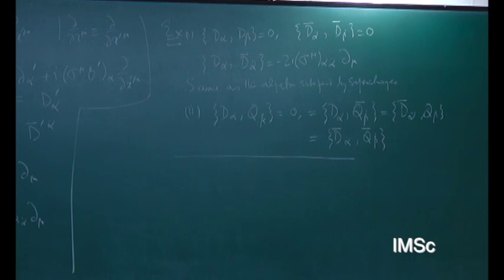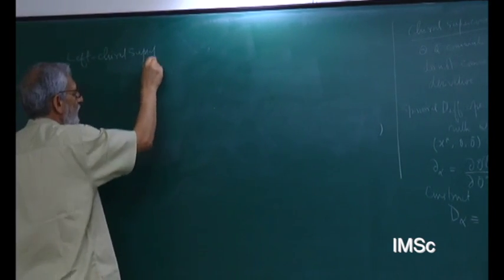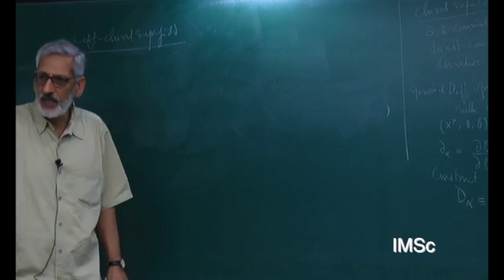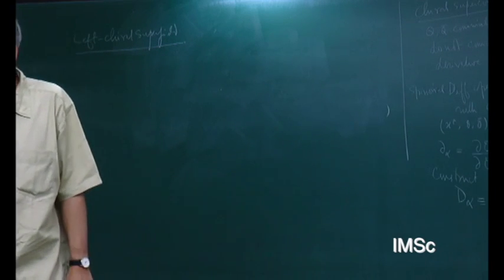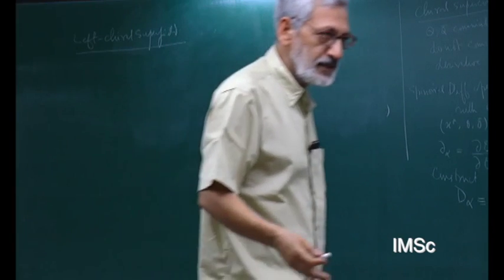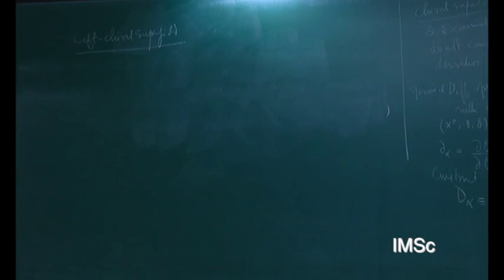Now with these things, we introduce a concept of a chiral superfield, or a left chiral superfield. The superfields that we had listed earlier with 16 independent fields, that's the most general superfield we could construct in 4 dimensions.